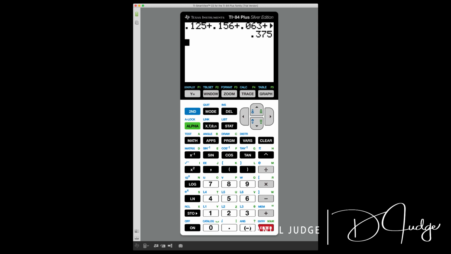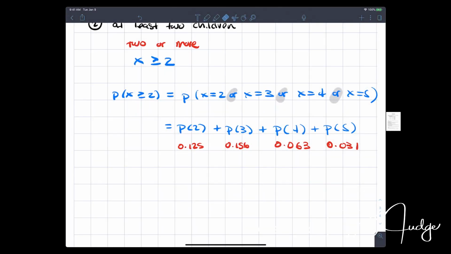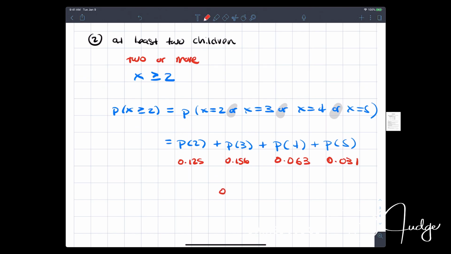I think we're okay. Final answer. We're good. 0.375. All right. There we go. This is the probability of having at least 2 children.